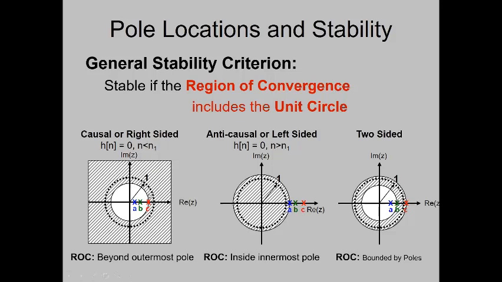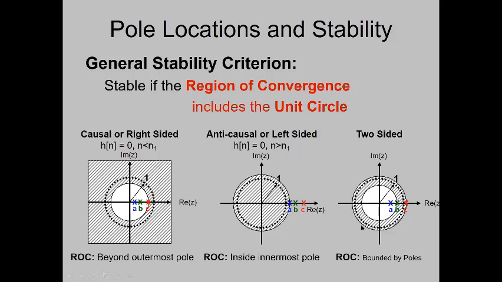For a causal system, all the poles are inside the unit circle because the region of convergence starts just outside the outermost pole. And if it's going to encase the unit circle, the poles have to all be inside the unit circle. Likewise, if for stability a left-sided system needs all the poles outside the unit circle, then the region of convergence, if it's going to include the unit circle and it's going to start at the innermost pole, that's an equivalent criterion.